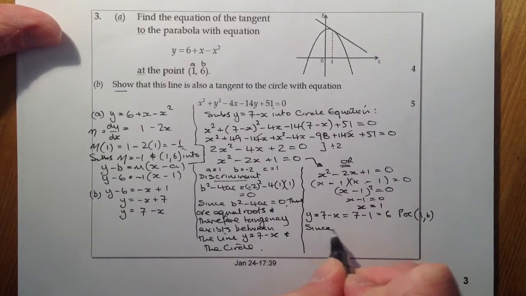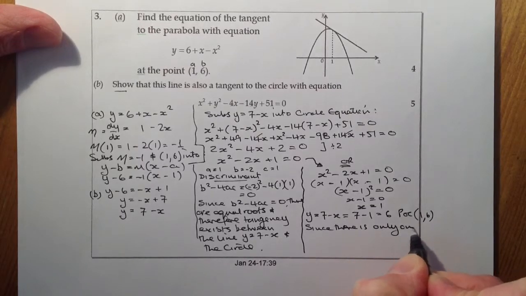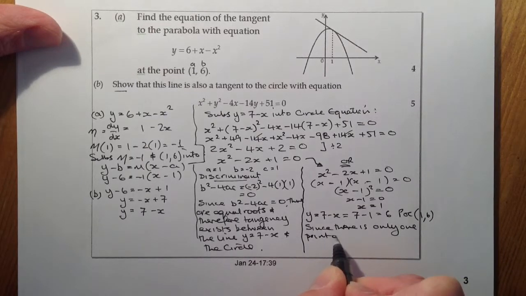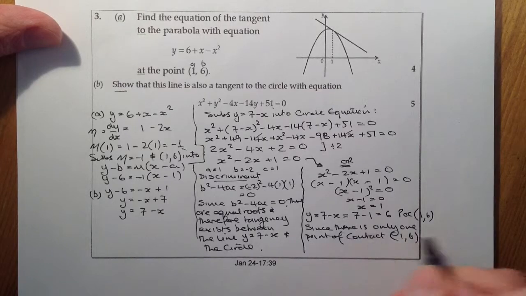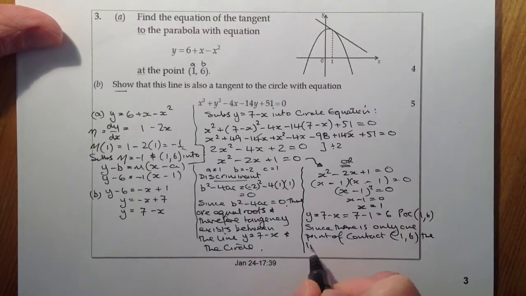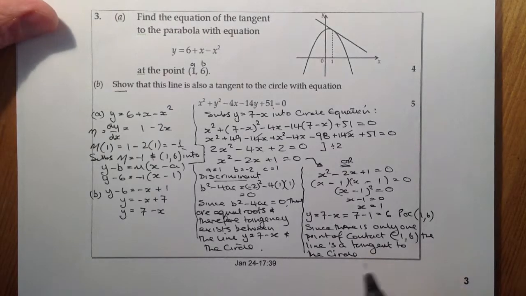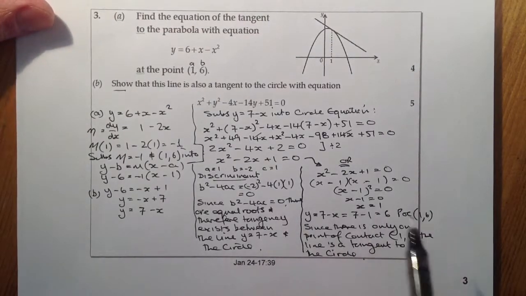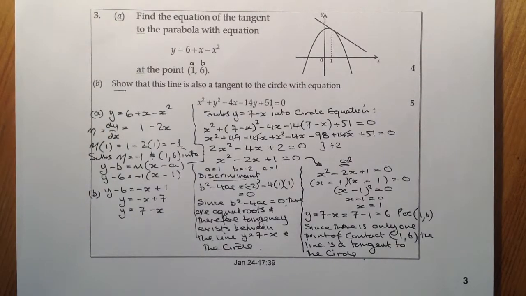So since there is only one point of contact, 1, 6, I'll just say the line is a tangent to the circle. Okay, so that's the 2 ways that I could do it. Okay, so that would work out pretty well for me there.